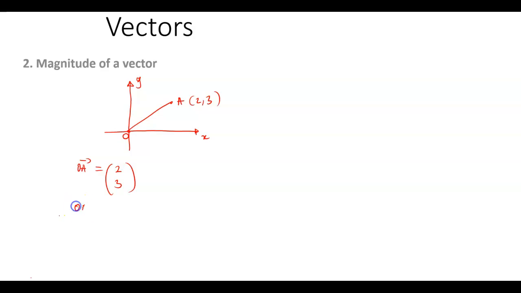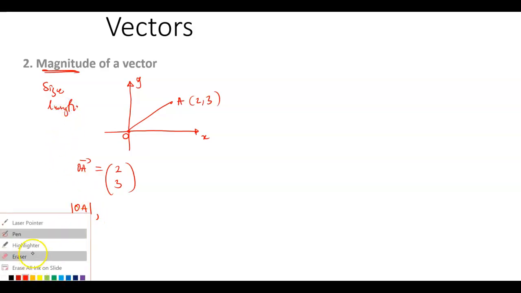That means OA with the modulus sign. I don't want to just say modulus because it doesn't bring out the meaning of it. I want to read it as the magnitude of A, or the size of A, the length of A. That's what the modulus sign is doing there.